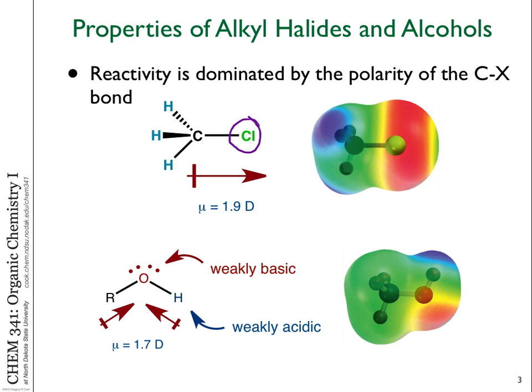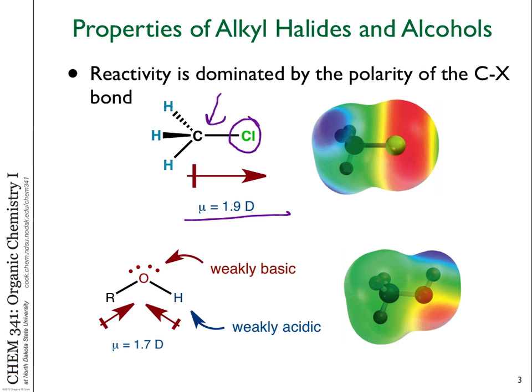You can see the dipole moment for chloromethane is 1.9 debye. Pretty polar molecule. And it's the bond between the carbon and the chlorine at which reactions take place. It's the weakest bond in chloromethane, and that's where we expect things to happen.